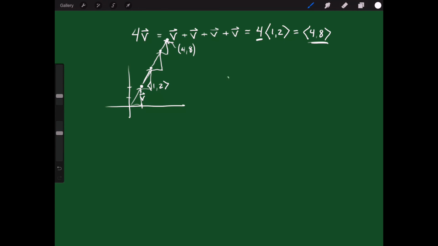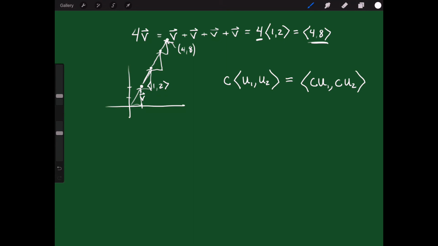In other words, if you have a constant times u1, u2, that's just the same as that constant times u1, that constant times u2 as a vector. So I can just distribute that constant across the vector, or in other words, I can multiply a vector by what we call a scalar and just get a new vector out.